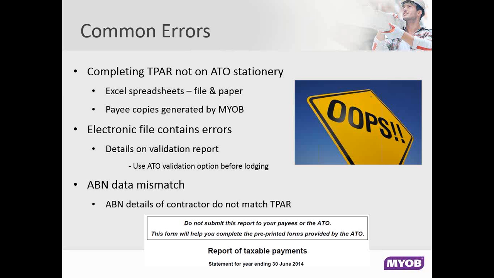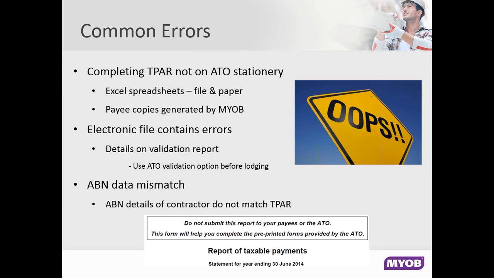Probably of big concern to businesses is the ABN data mismatch. They've found that a lot of contractors have given incorrect ABNs to the building business. And what I mean by that is, let's say that I'm Richard Puff the bricklayer, and rather than using my own ABN, I've actually used BHP's ABN.